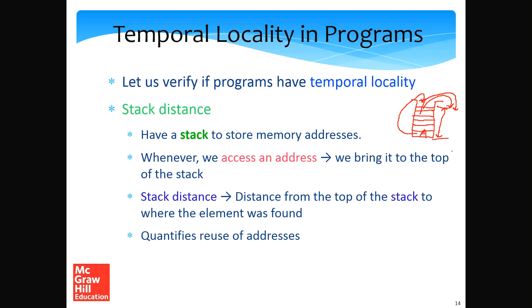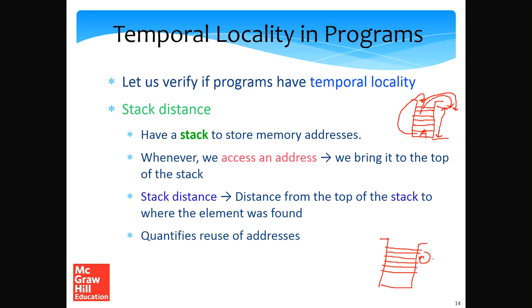So what's the stack distance again? It's the distance from the top of the stack to the position in the stack where the given address was found. If the address was not found, then the stack distance is infinity. In a certain sense, this quantifies the reuse of addresses. If the stack distance is low, what this essentially means is that almost the same addresses are being used again and again.